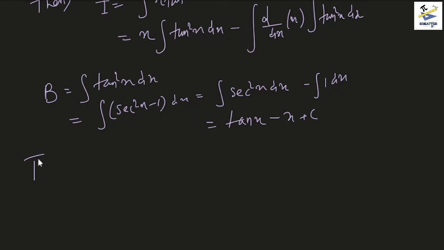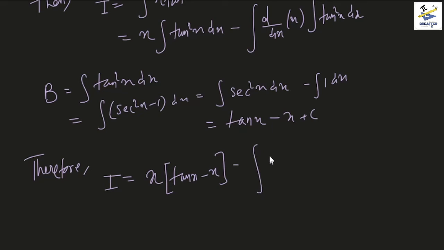So therefore I is equal to x into tan x minus x, minus integral of tan x minus x dx, right?